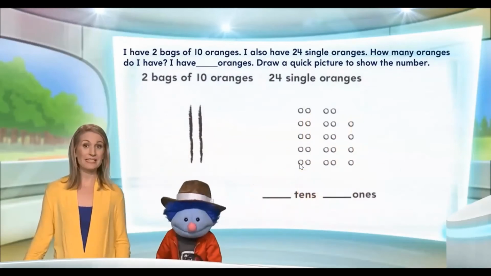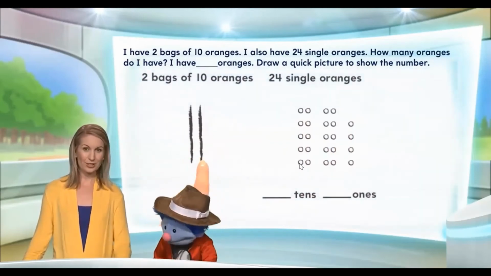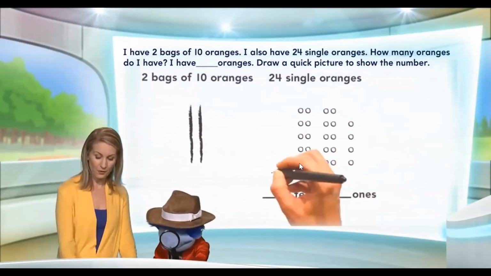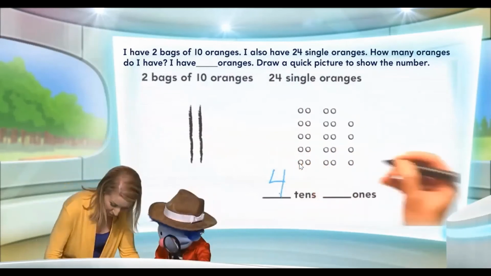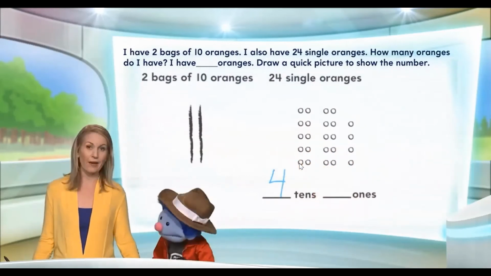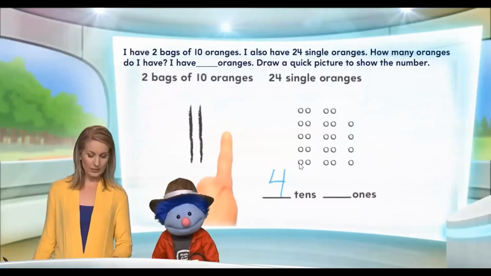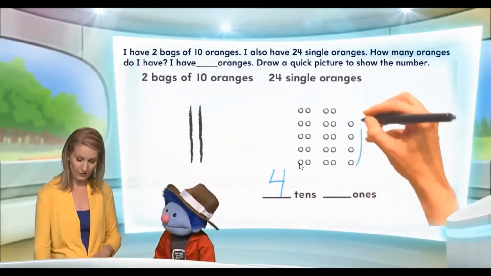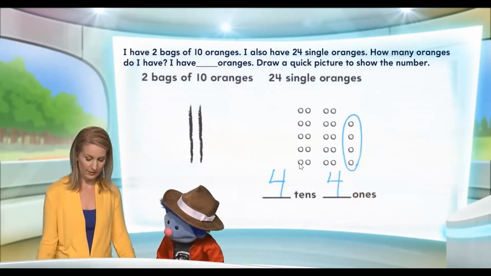So let's see how many tens we have all together. 1, 2, 3, 4. So we have 4 tens, right? Okay, now how many ones do we have? We have 4 ones, because we don't have any ones over here, but we do have 4 ones right there. So we're going to put a 4 right there.